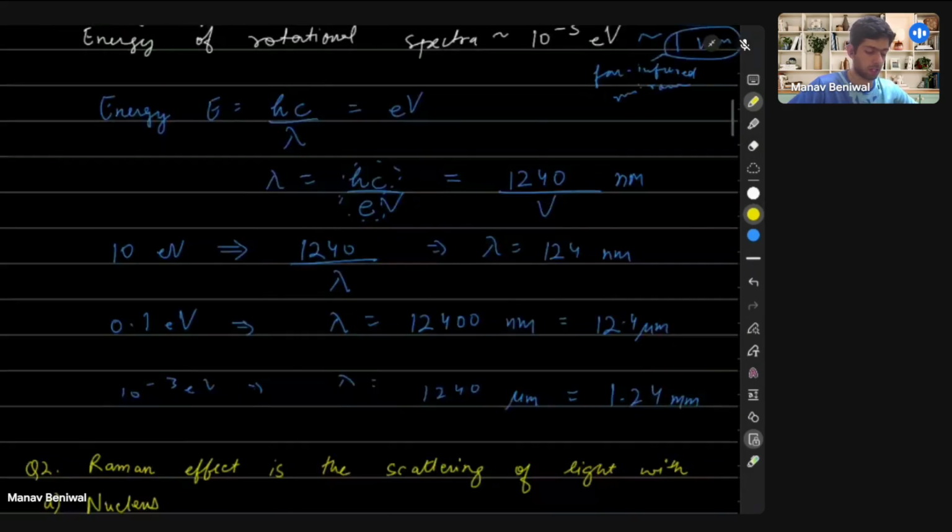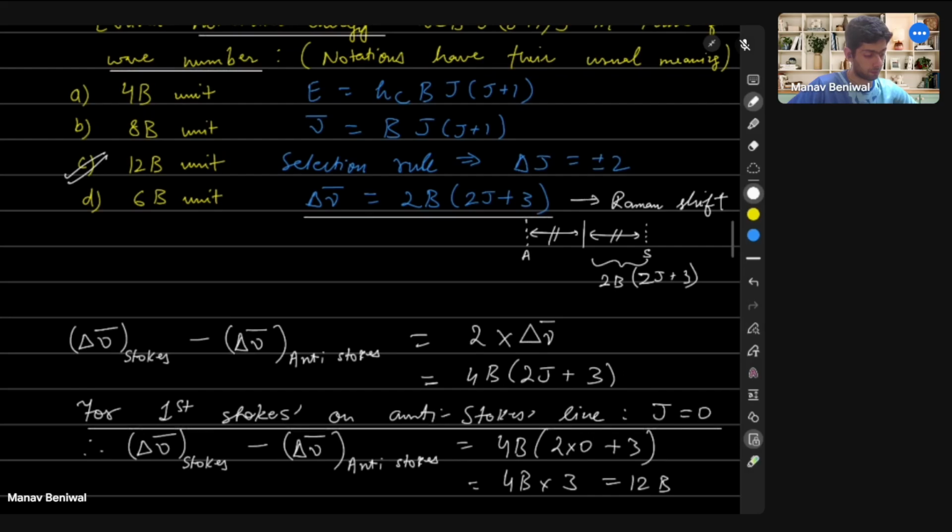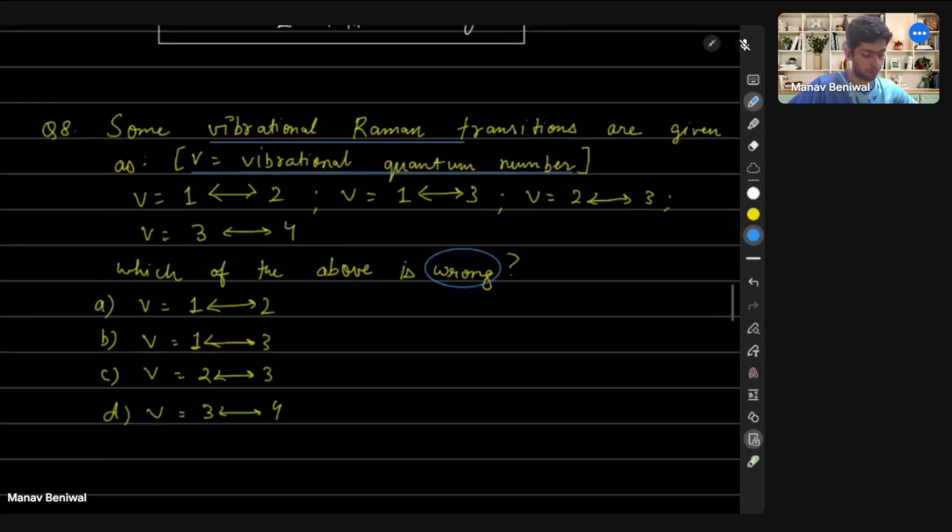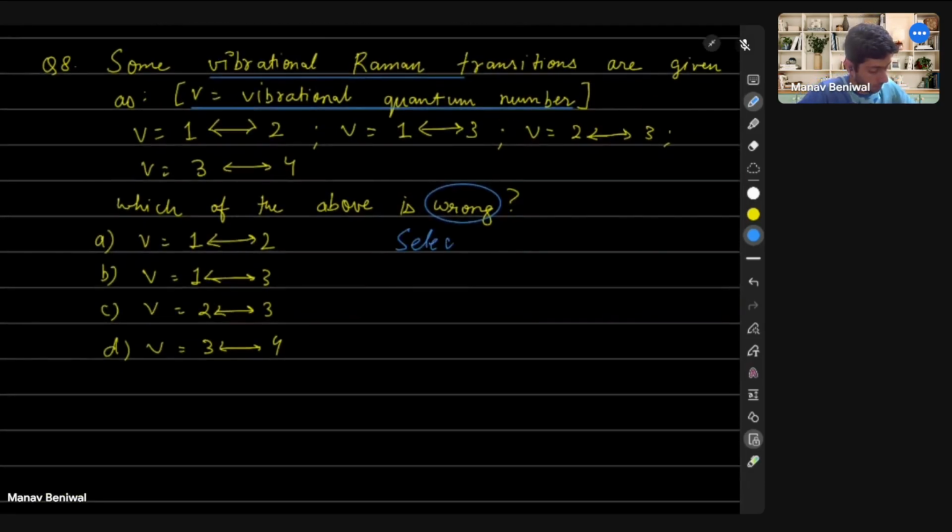Okay, now let's go back. Yes, here we are. Selection rule, let me write here. Selection rule gives us delta V plus minus 1.